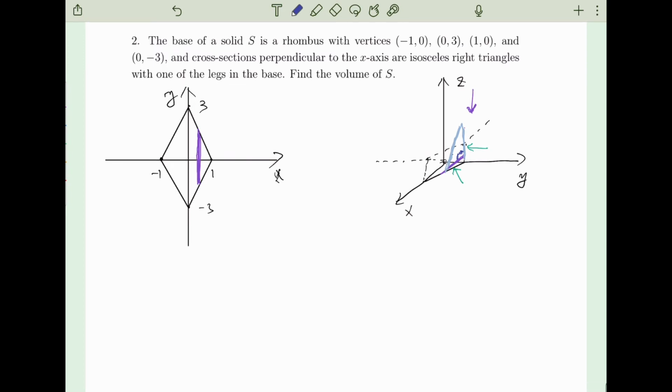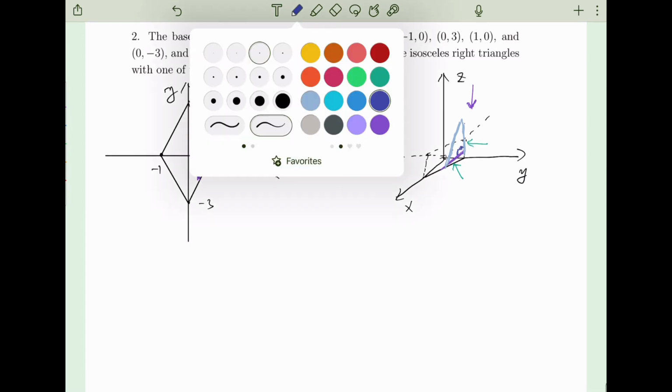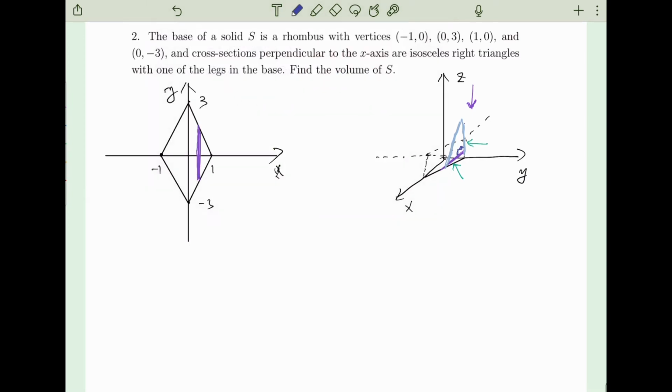The idea is to find the area of each small right triangle, and we're going to add up these infinitely many triangles so we can obtain the volume. So we need to compute the area of the triangle, right?